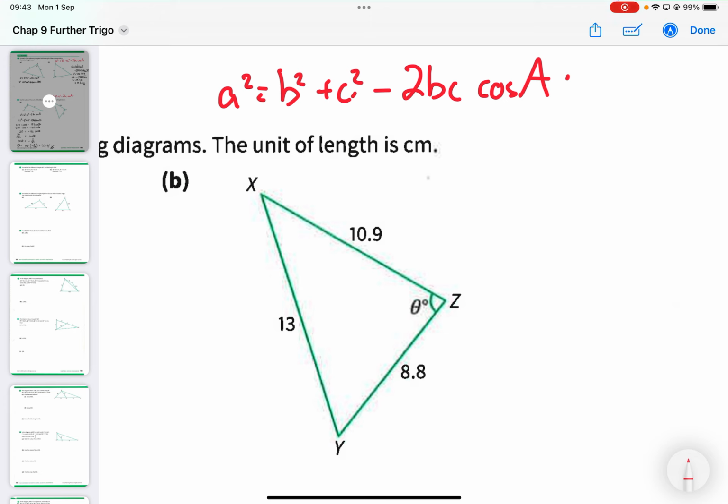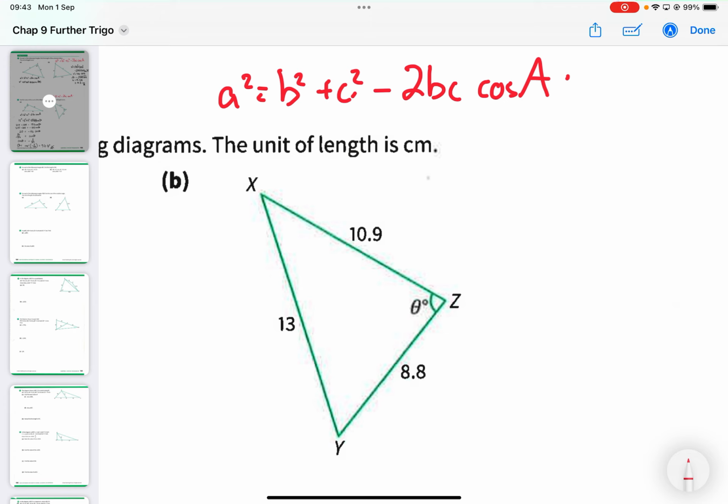Okay? So we want to find theta. Actually I can find any angle, just that it depends where I put them. So if I want to find angle theta, I will put theta as my big A. Then 13 must be my small a. It is the naming that is important.